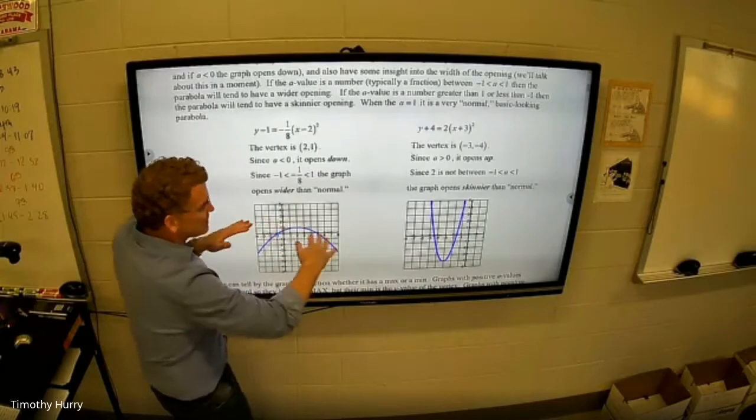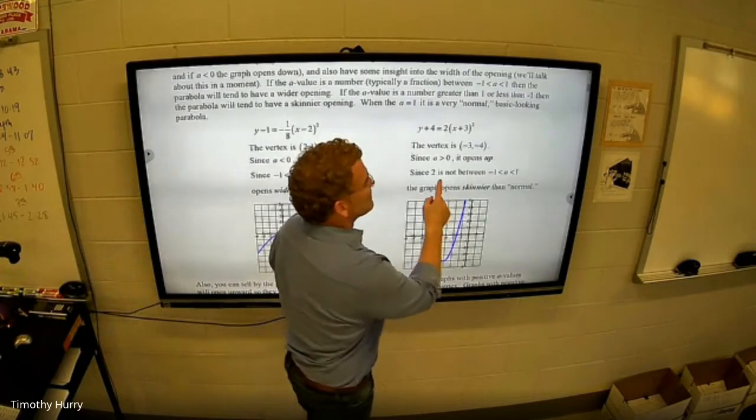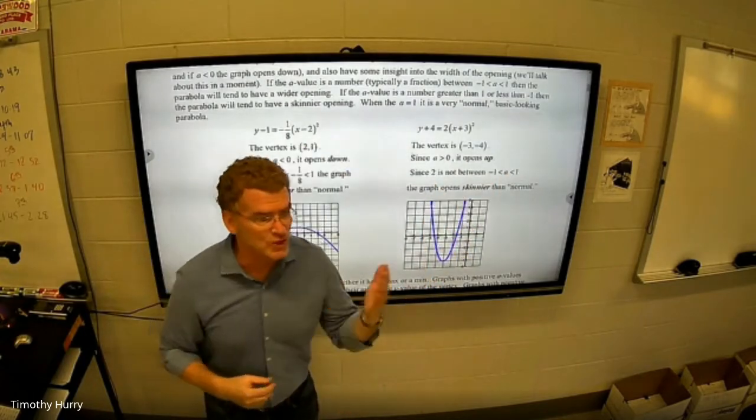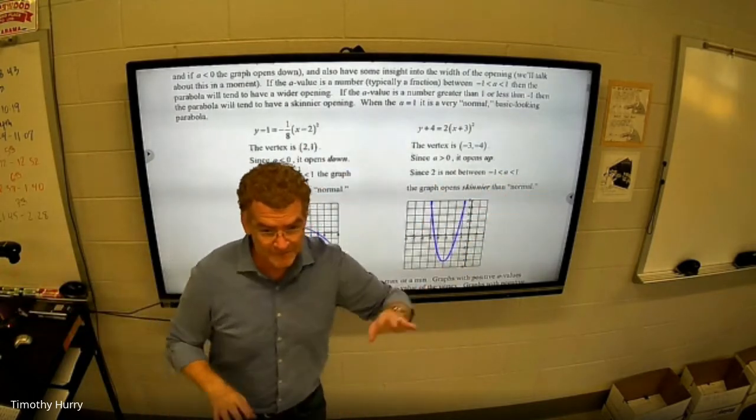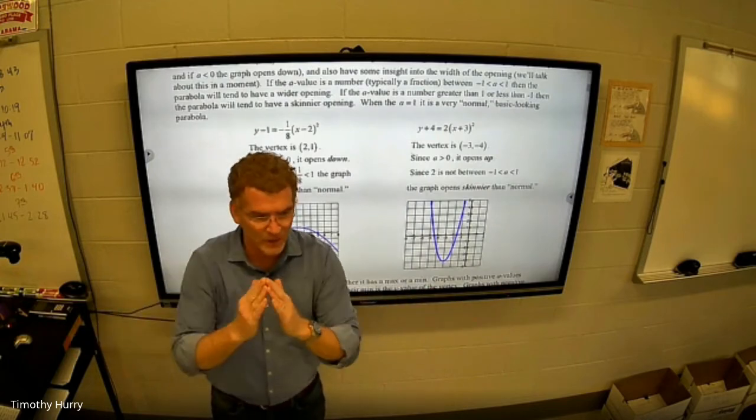They tend to be more open. Values that are not between negative 1 and 1, values like 2 or 4 or negative 10 that are further away from 0, they make the graph skinnier, whether it's going up or down.